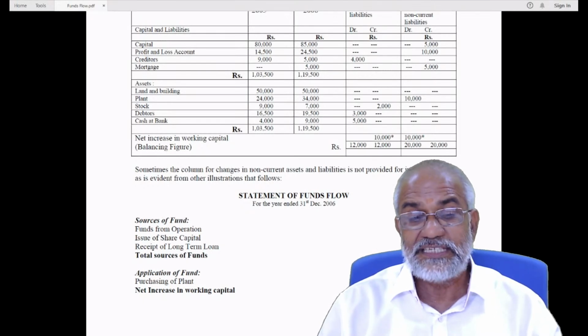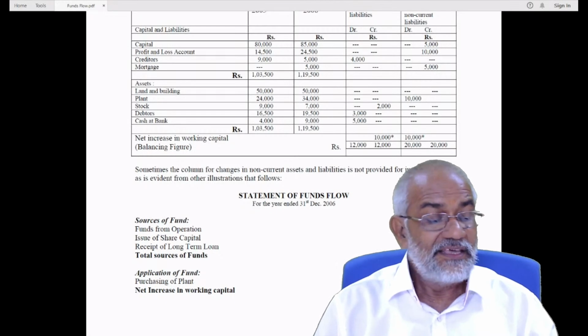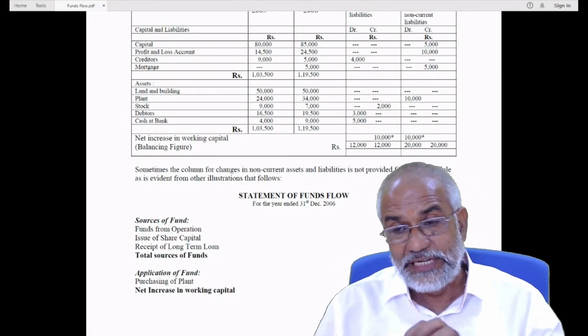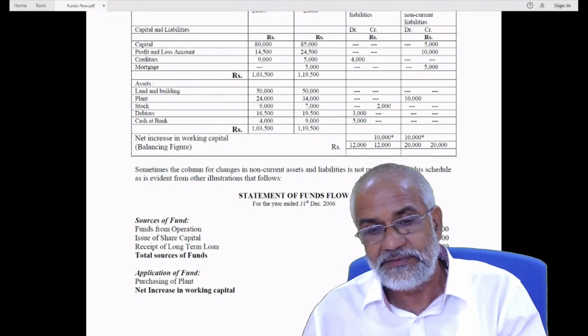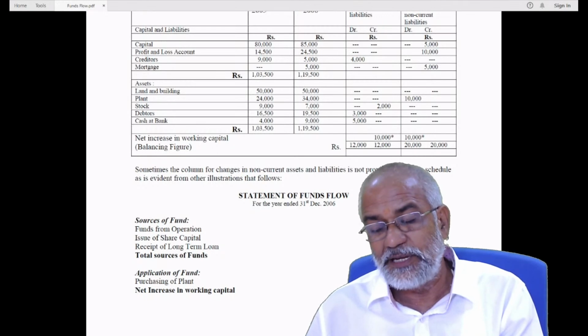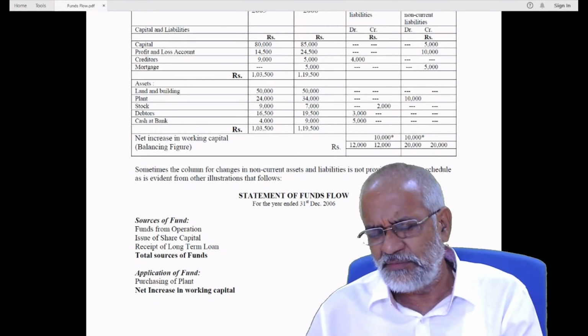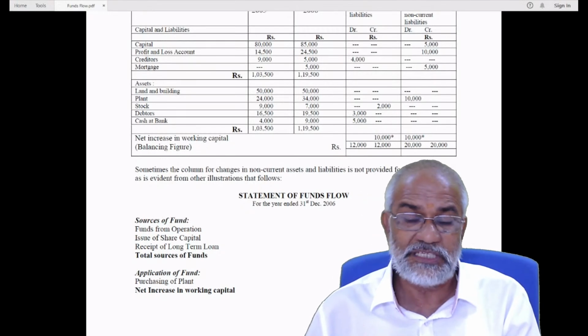So what would be the changes in the sources of funds? Here the utility of step 3 comes into picture. We need to prepare the statement of changes, the memorandum profit and loss account, or the adjusted profit and loss account for this purpose.